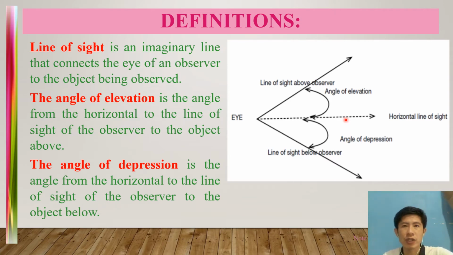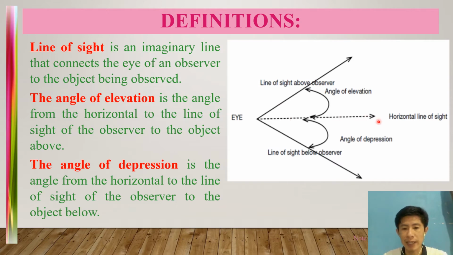For example, if I am sitting here and I am looking at the wall, I am facing the wall, and there is an object located at that wall horizontally into my eyes.